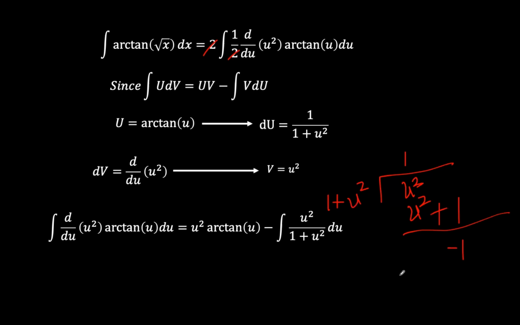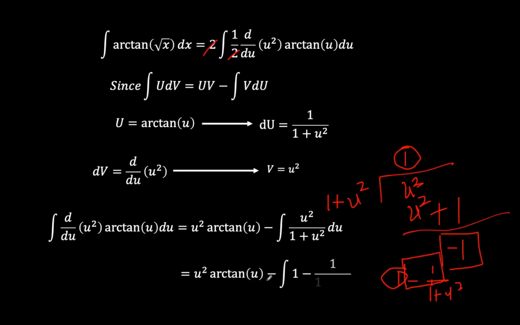So this fraction here is the same as 1 minus 1 over 1 plus u squared. This -1 here comes from this portion here. And so now we can plug that in here. So we have u squared arctangent of u, minus the integral of 1 minus 1 over 1 plus u squared.